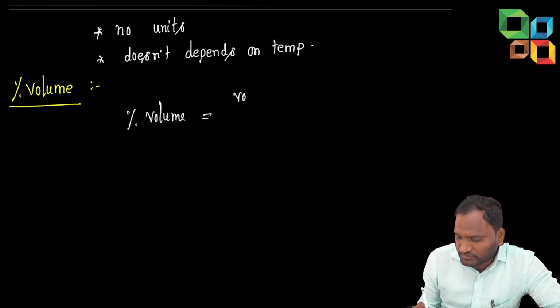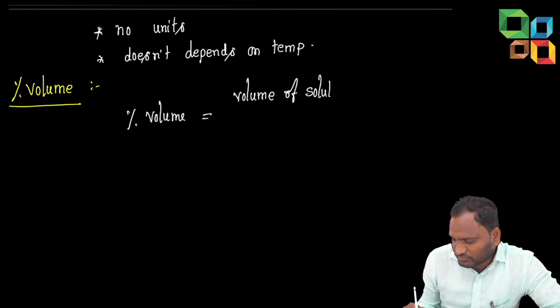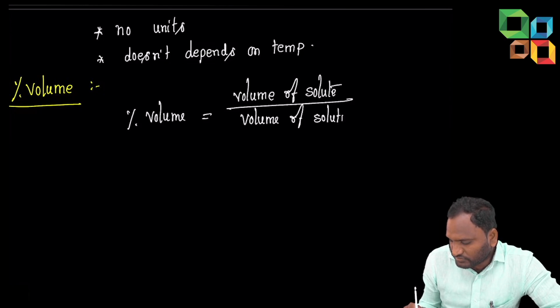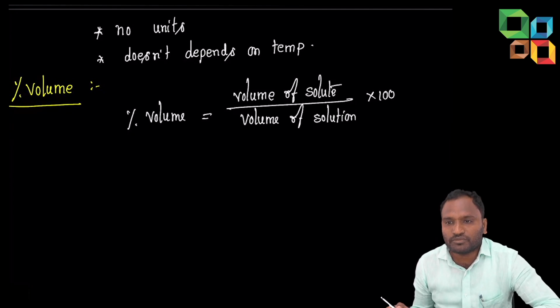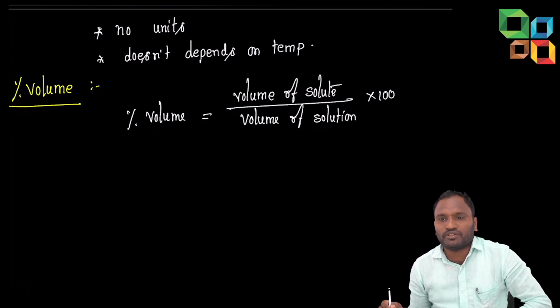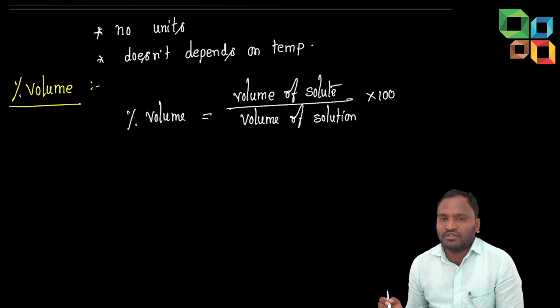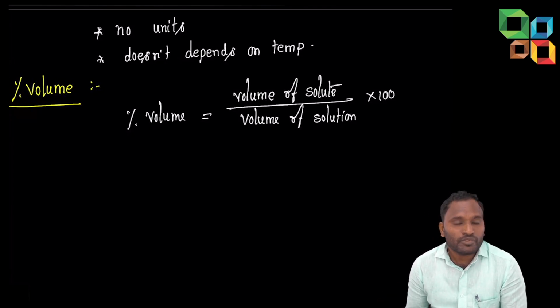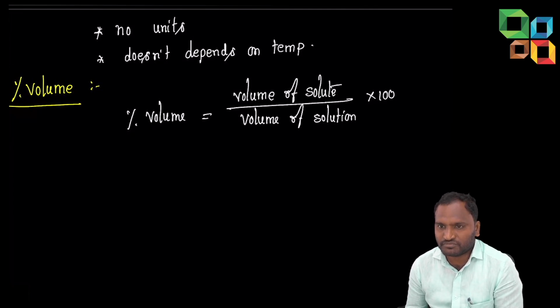Volume percentage is equal to volume of solute to the volume of solution into 100. Same as mass percentage, but here in terms of volume: 5 ml of a particular solute present in 50 ml of solution, then what is the volume percent? Like that they'll ask.